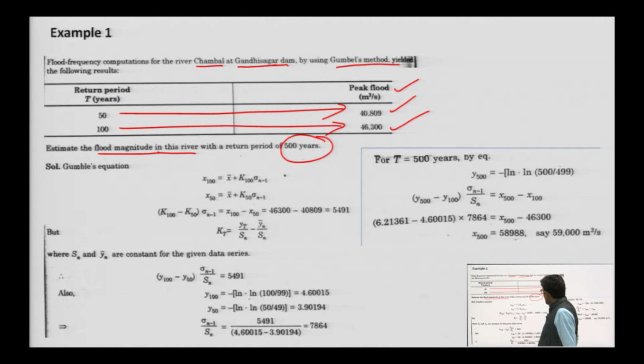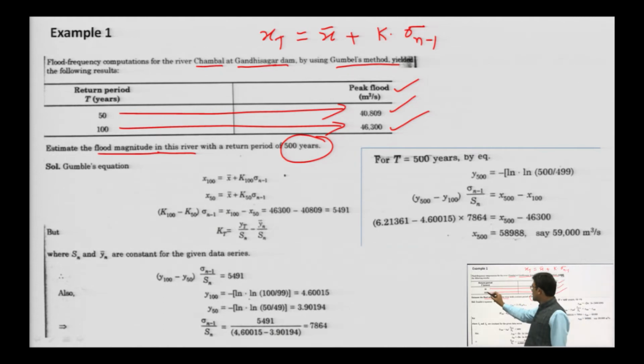So, write the general equation: xT is equal to x mean plus K times sigma n minus 1. Let us write this for T equal to 100 and T equal to 50.